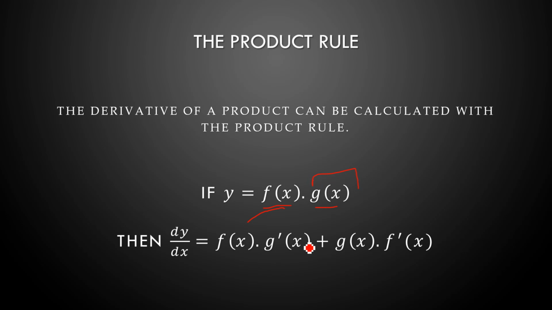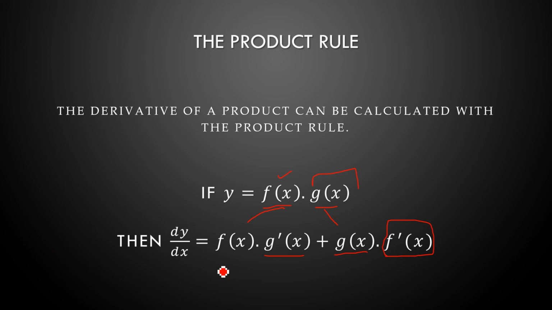So we will have g prime of x, then we will write a plus sign, and we will leave the second term as it is, g(x), and we will take the derivative of the first piece of this function. So we will have dy by dx is equal to f(x) into g prime of x, then we write plus, then we leave the second and take the derivative of the first function.